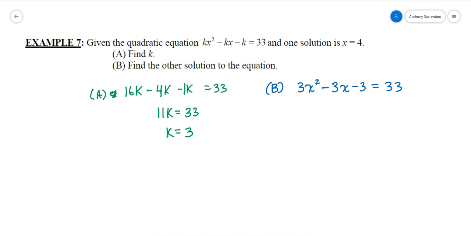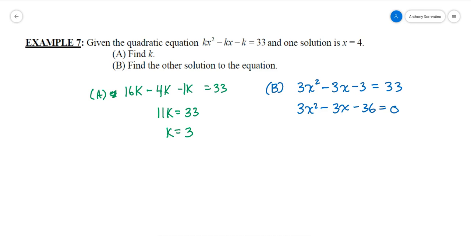So I'm going to subtract 33 from both sides, because for the quadratic formula, I still have to have it set equal to 0. I also notice that all three terms are divisible by 3. That certainly will make the numbers a little smaller and easier to work with as I use the quadratic formula. So I'm certainly able to do that.